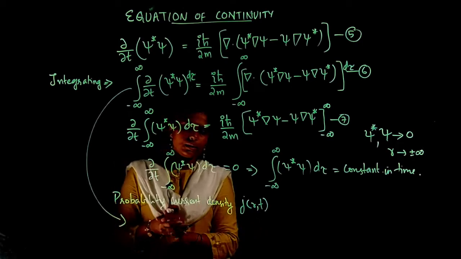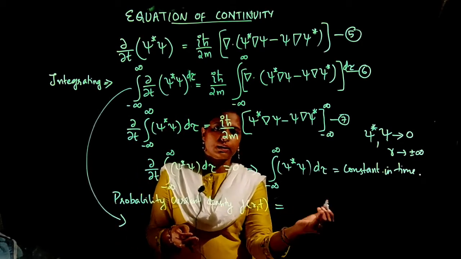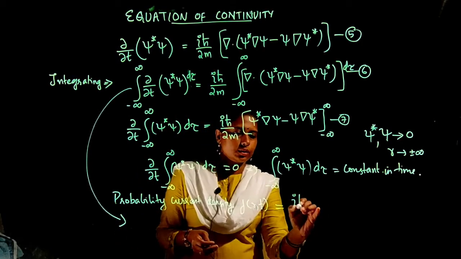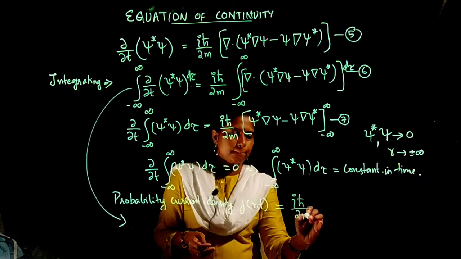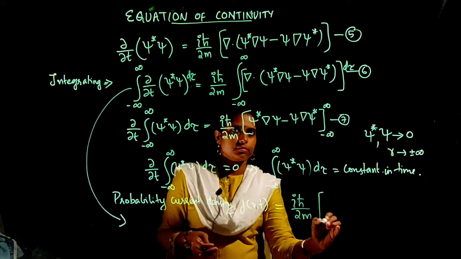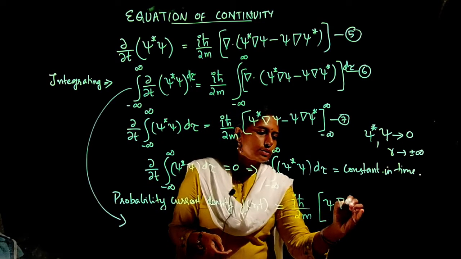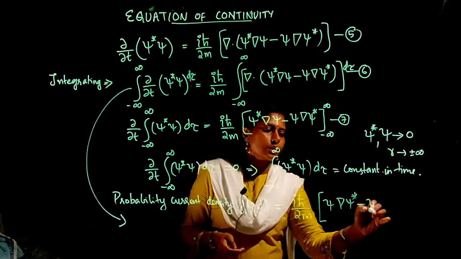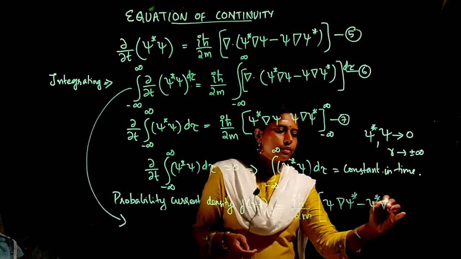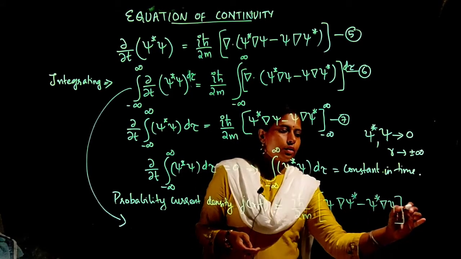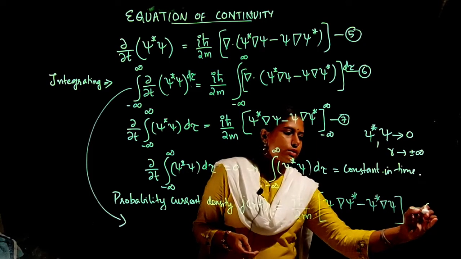Taking the probability current density J(r,t) as iħ by 2m (ψ ∇ψ* minus ψ* ∇ψ), call this equation 6a.